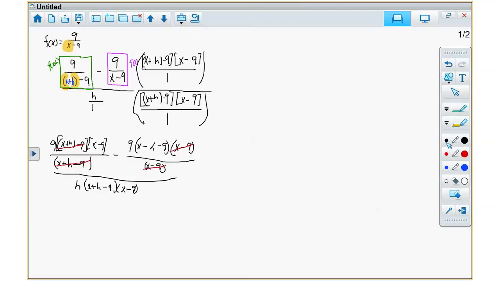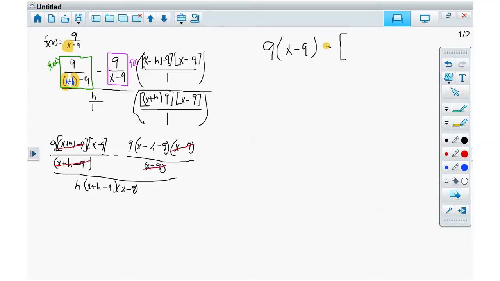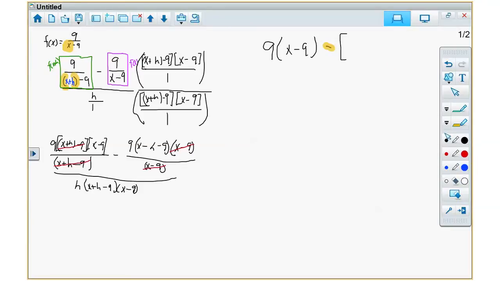So that's going to leave us with 9 times x minus 9, right? 9 times x minus 9 minus, I'm going to put a big set of brackets here because of what? That guy right there will make your life miserable. So you need to make sure you do it right.